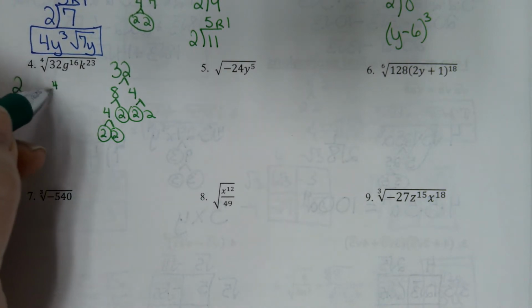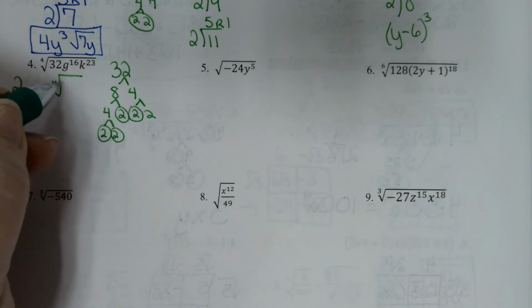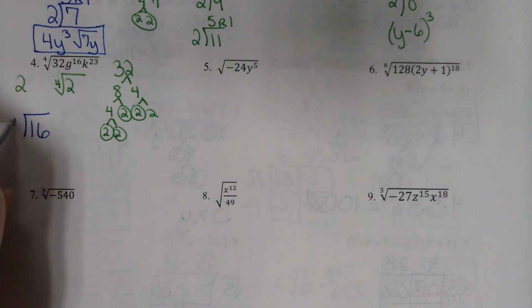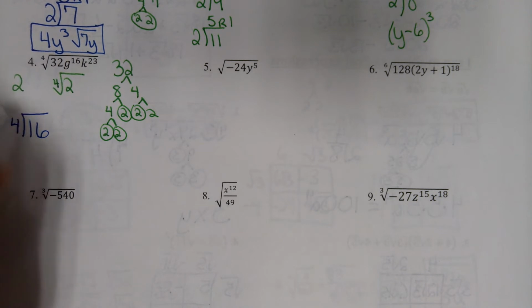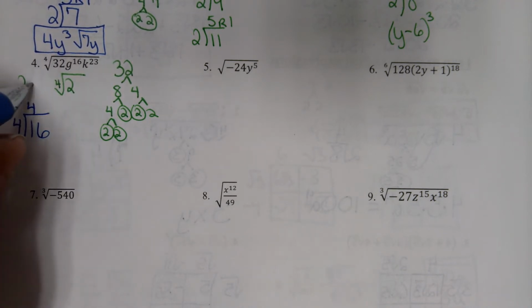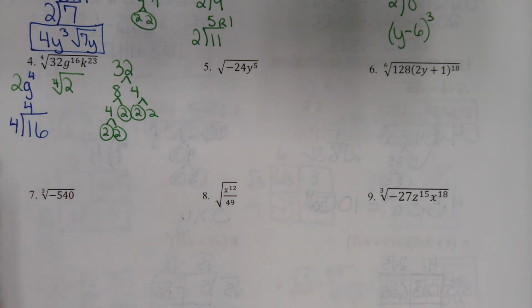And I have a fourth root of 2 that has to remain inside the radical. For the variables, we have an exponent of 16 divided by the index of 4. 4 goes into 16 4 times with no remainder. So my g to the fourth gets to come out.